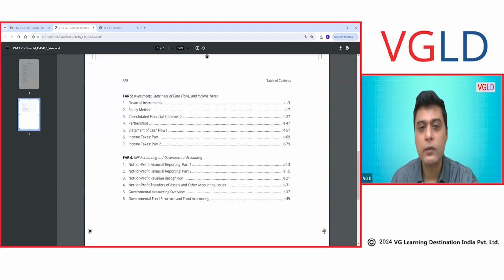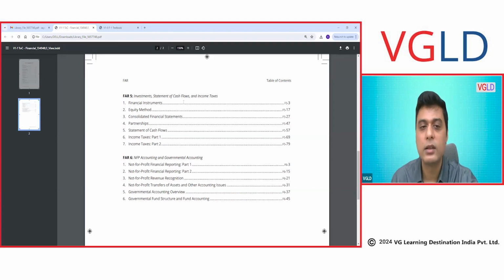FAR 5: investments, statement of cash flow and income taxes, financial instruments. Luckily or unluckily, they have not gone into too much detail, because financial instruments in itself can be one full chapter or maybe one full book. It is such a tricky area, but fortunately or unfortunately, they have not covered too much.